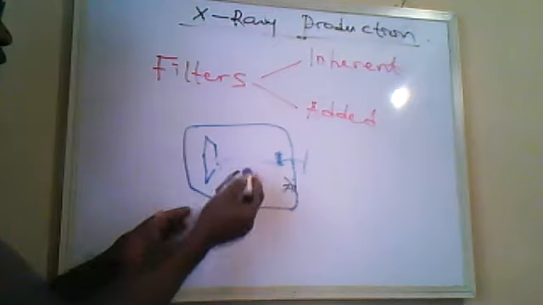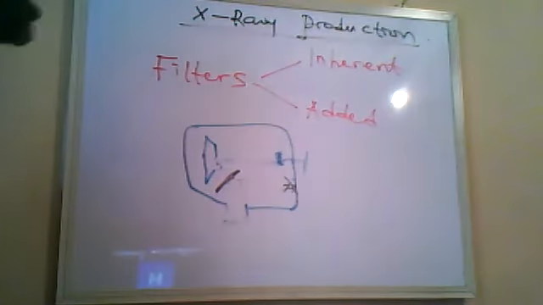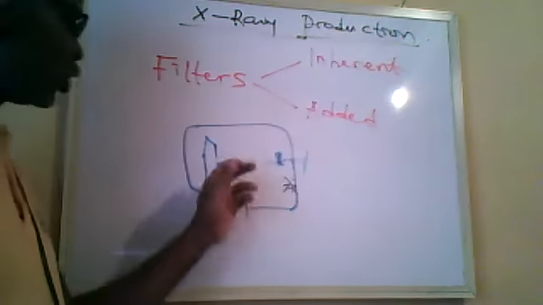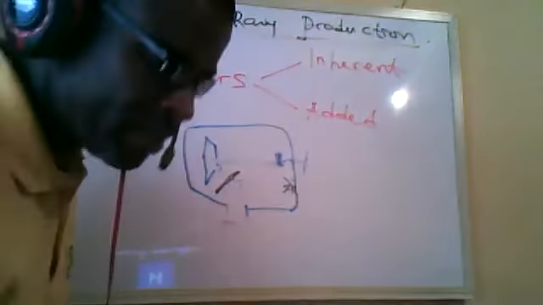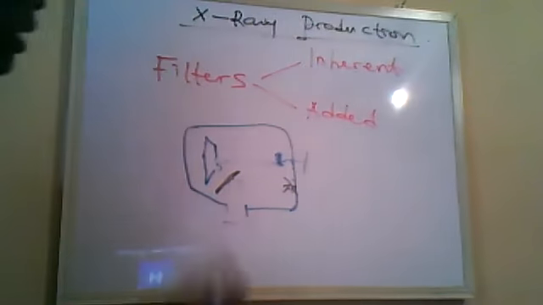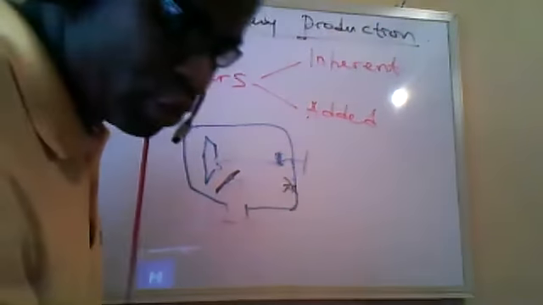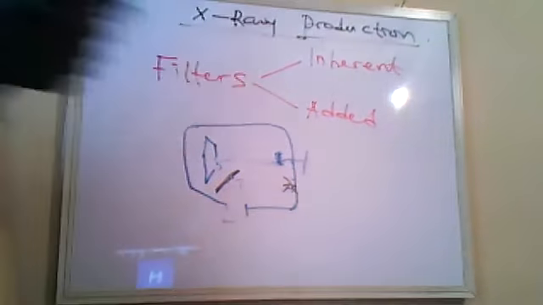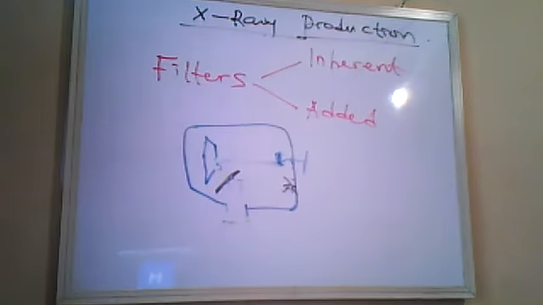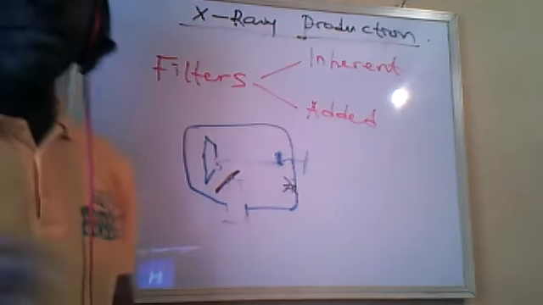So this window here also constitutes a type of inherent filtration. It's going to attenuate the X-ray beam coming out of the X-ray tube to an extent. So it's also a filter, but the mirror is made as thin as possible.